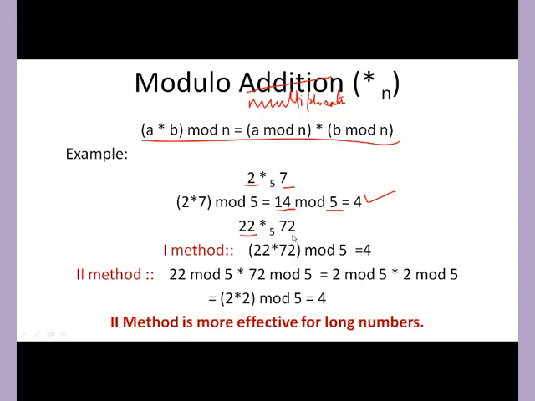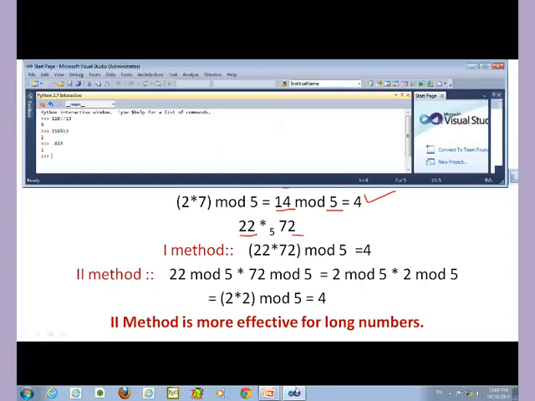Similarly, 22 times 72 modulo 5, we can check from Python, same results. For mod we use the percentage symbol, and mod 5 returns 4.